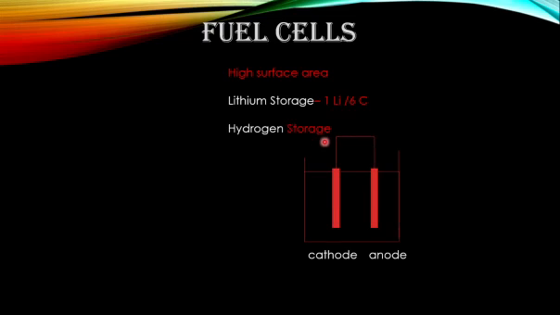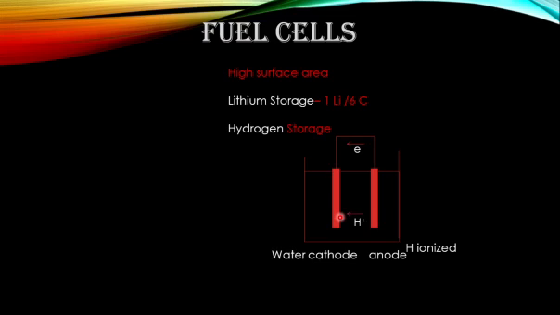Here you can see the cathode and anode are connected. So at the anode, what will happen? The hydrogen will be ionized, and due to the ionization, the electrons will be passed through the external circuit, while the hydrogen, being positively charged, will pass to the cathode, and at the cathode it will be converted into water.